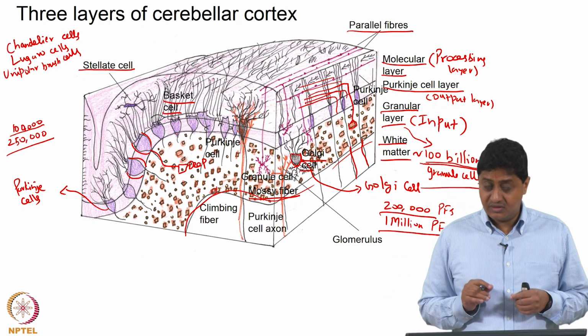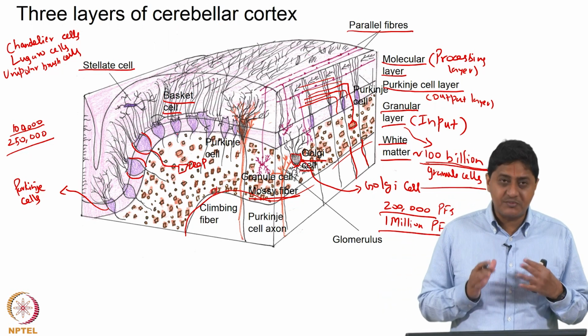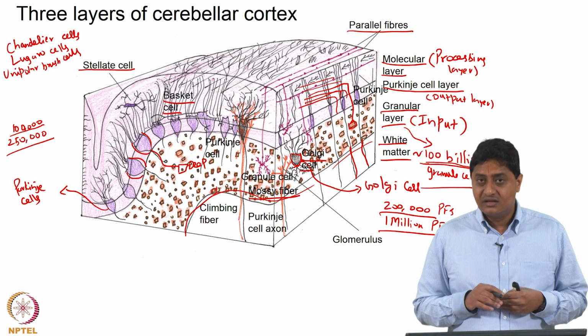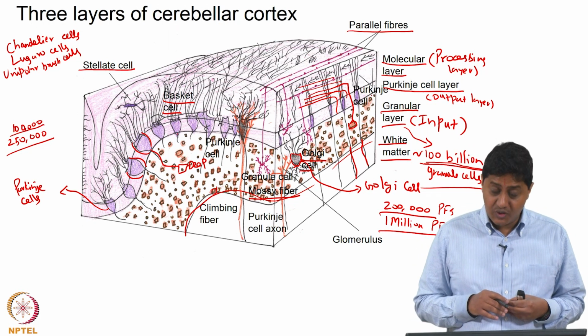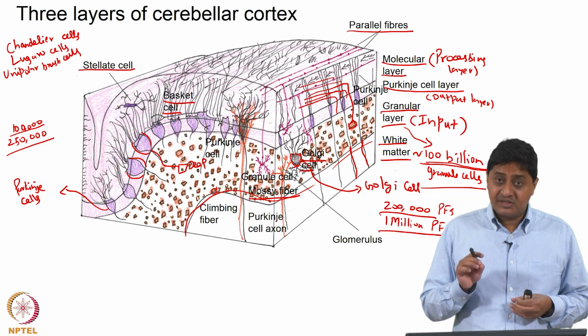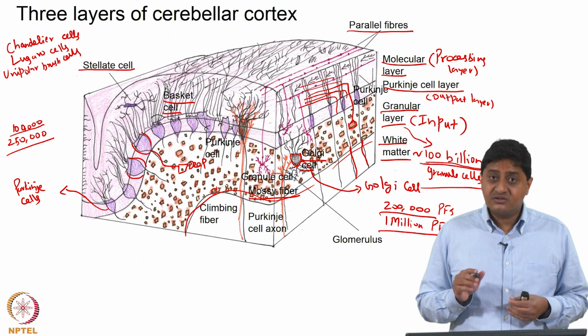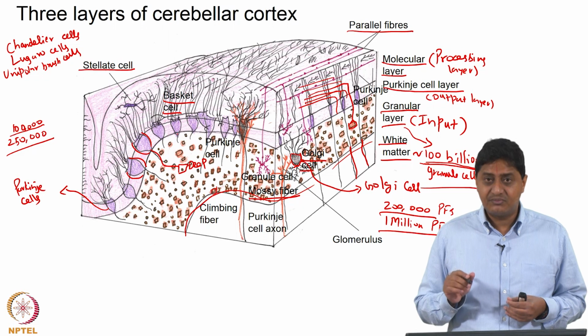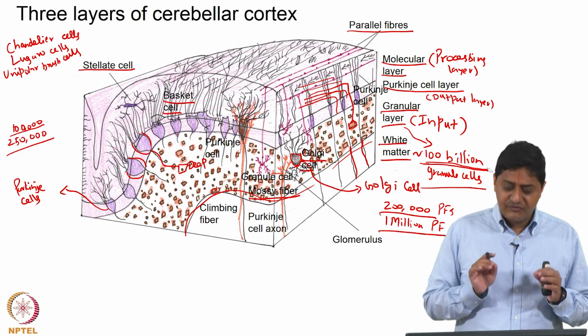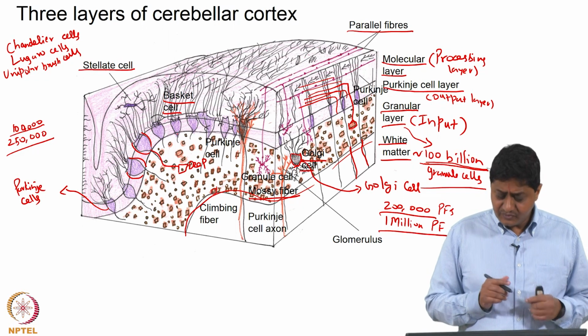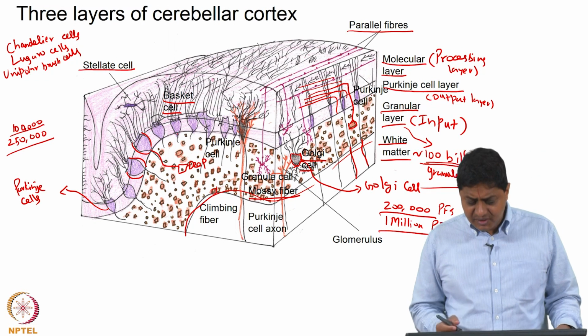So, more than 50% of the neurons are in the granule cell layer, composed of granule cells, is it not. Each mossy fiber innervates thousands of granule cells, but one given granule cell receives input only from a few mossy fibers, right.